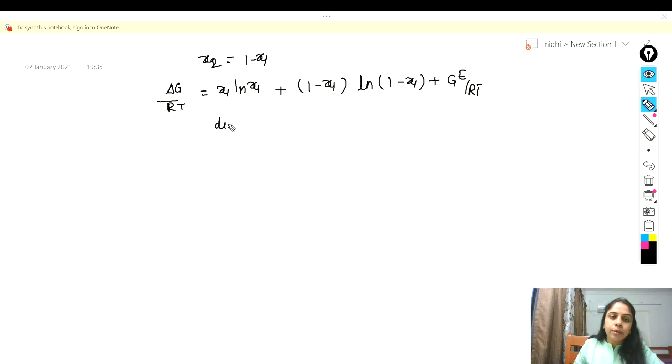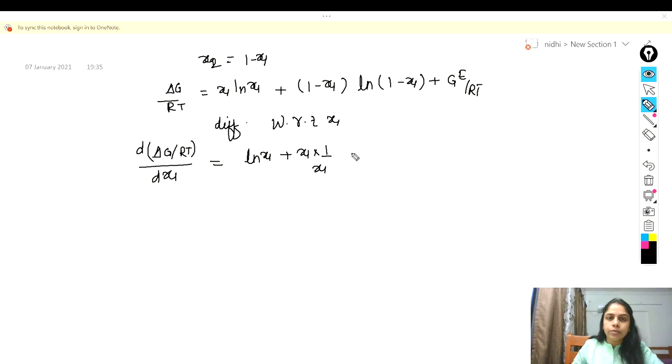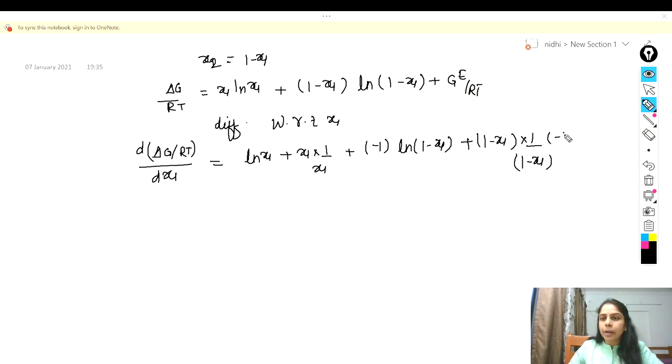Now differentiate the above equation with respect to x1. So d delta G upon RT dx1 is equal to, what will this become? First ln x1, then plus x1 upon x1, then minus ln of 1 minus x1, plus 1 minus x1 times 1 upon 1 minus x1 and minus 1.